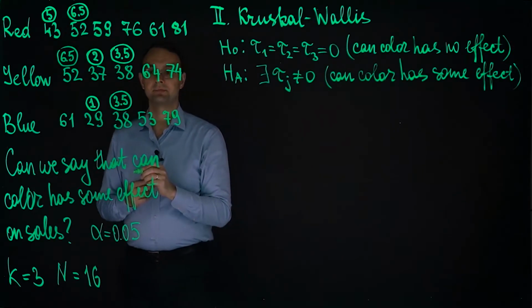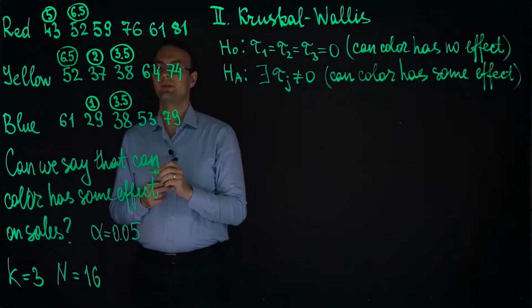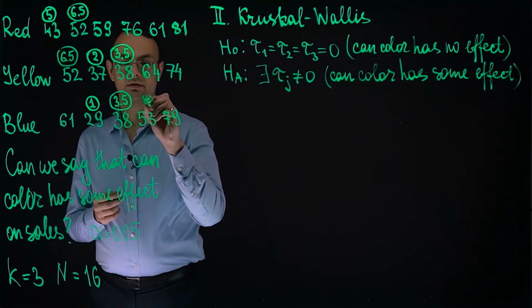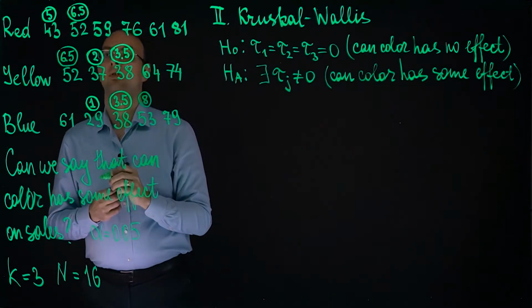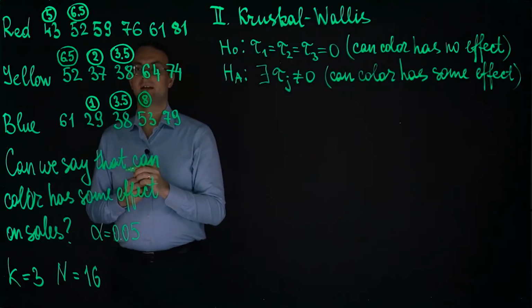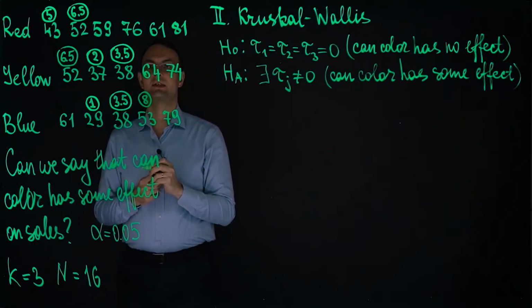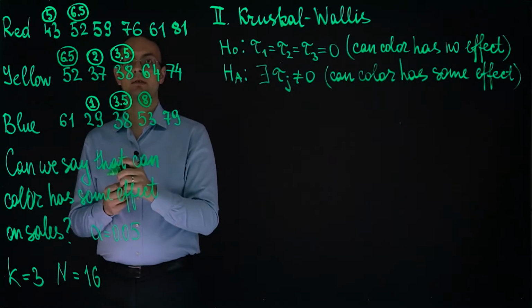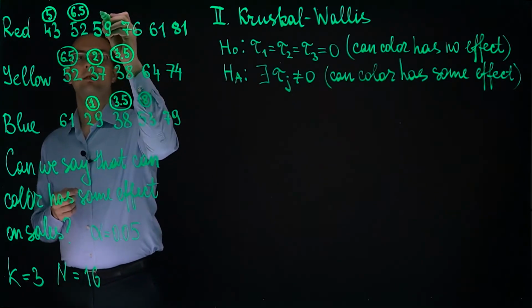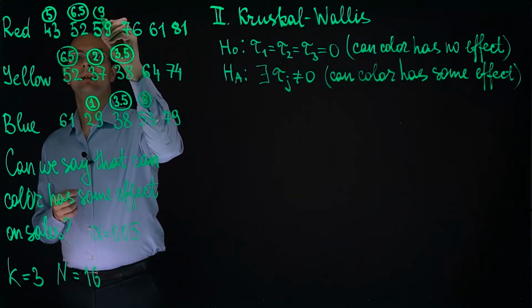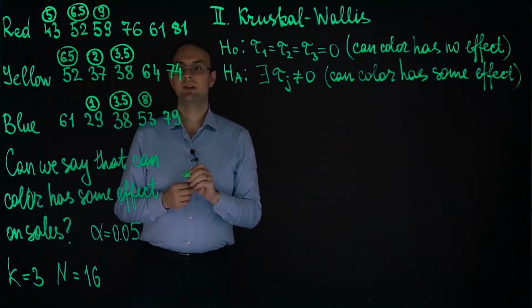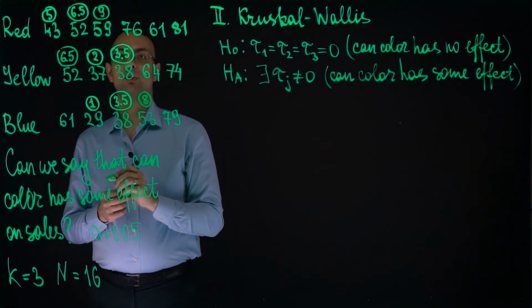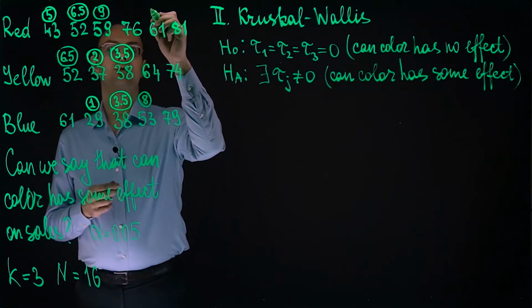Then I have 53, and its rank is 8. Then 59, and its rank is 9. Then 61 twice, so their ranks are between 10 and 11, 10.5.